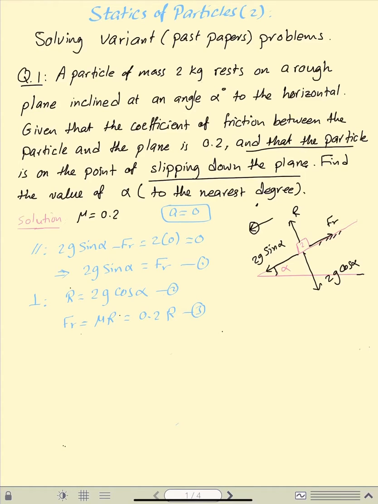To be able to find the angle, we have unknowns here, so we substitute an equation into another one. This is the idea in these questions.